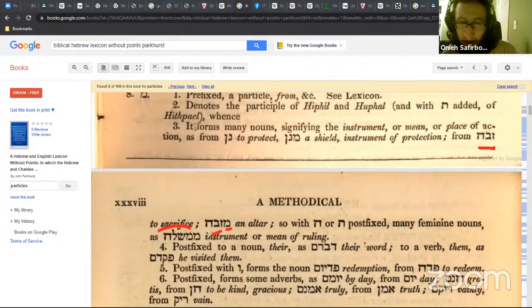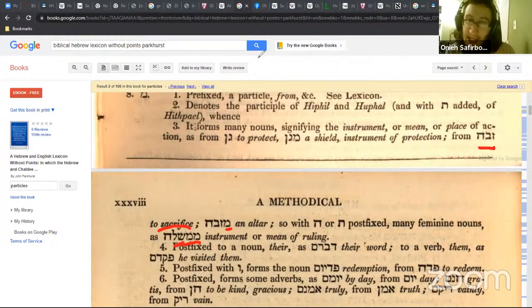Source of sacrifice is an altar because that's where you do the sacrifices. And mishla is rule or ruler, and you add mem at the beginning. It's source of ruling.